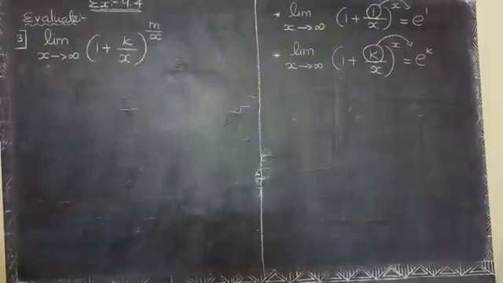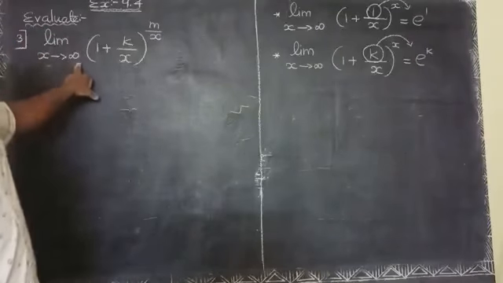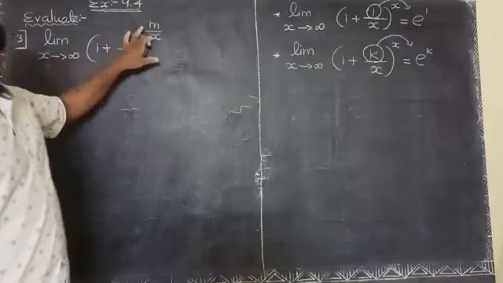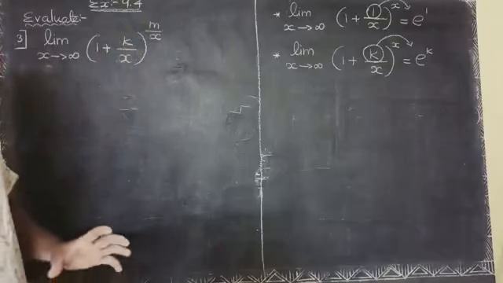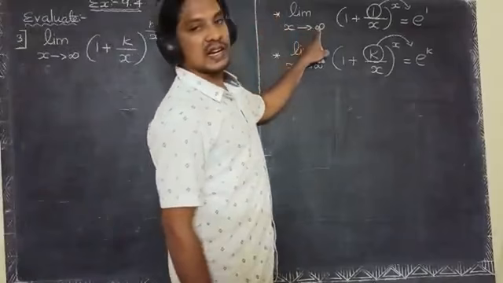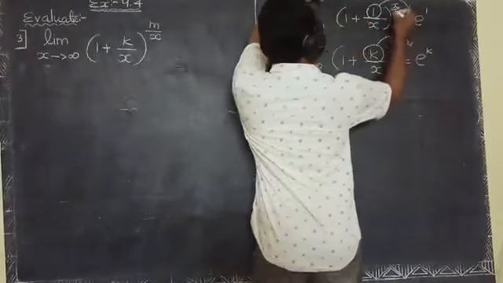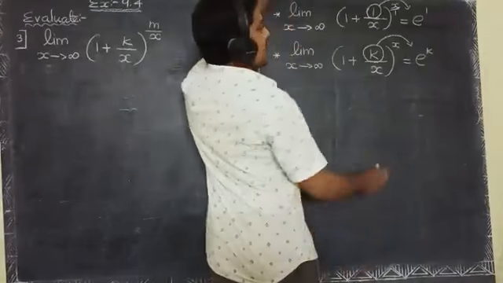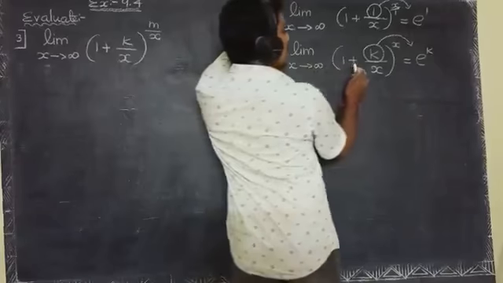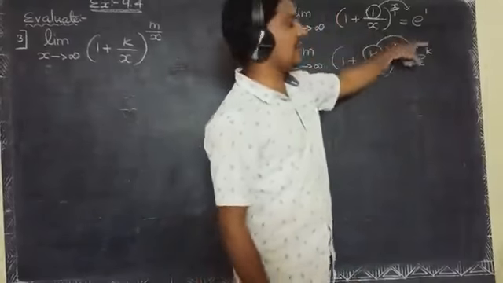Next, exercise 9.4. Evaluate. Question number 3: limit x approaches infinity of 1 plus k divided by x whole power m divided by x. We know the result limit x approaches infinity of 1 plus 1 divided by x whole power x by 1 is equal to e power 1, and limit x approaches infinity of 1 plus k divided by x whole power x by 1 is equal to e power k.